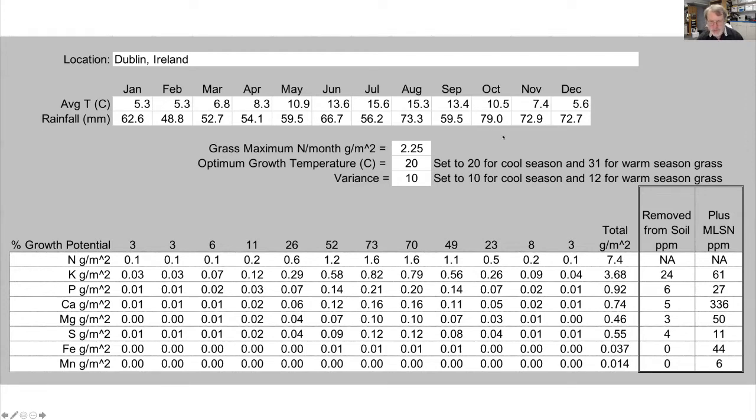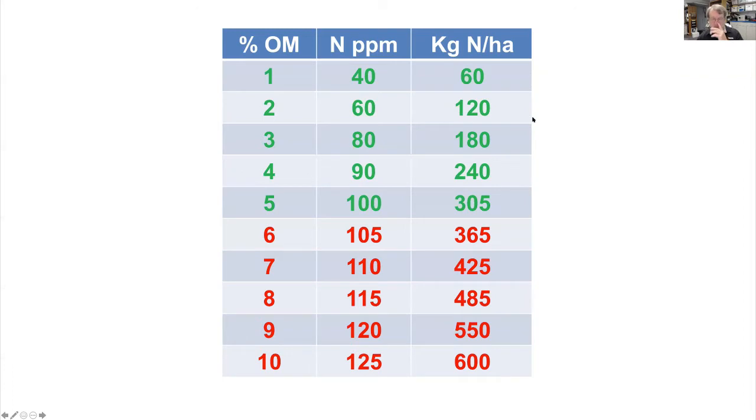Let's just see how that would fit out in some of the other ones. And I wanted to comment on this, remember there's this 60 kilograms here. So if we got 74 over there, you're going to end up possibly exposing the grass to 120 kilograms N per hectare per year because you're putting on 60 and there's 60 coming out of the organic matter.